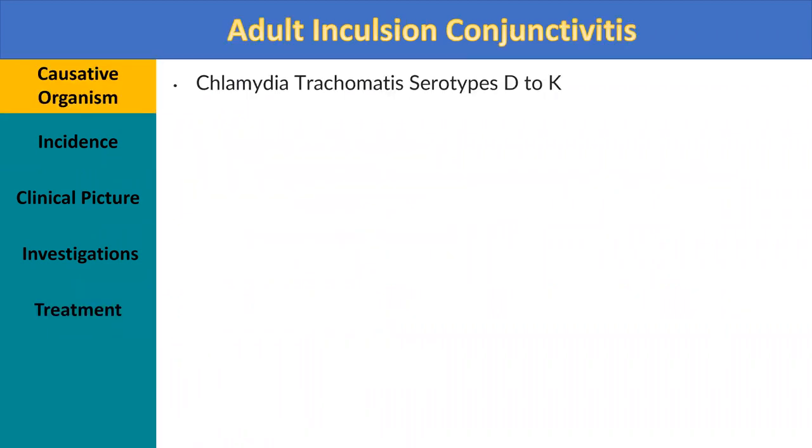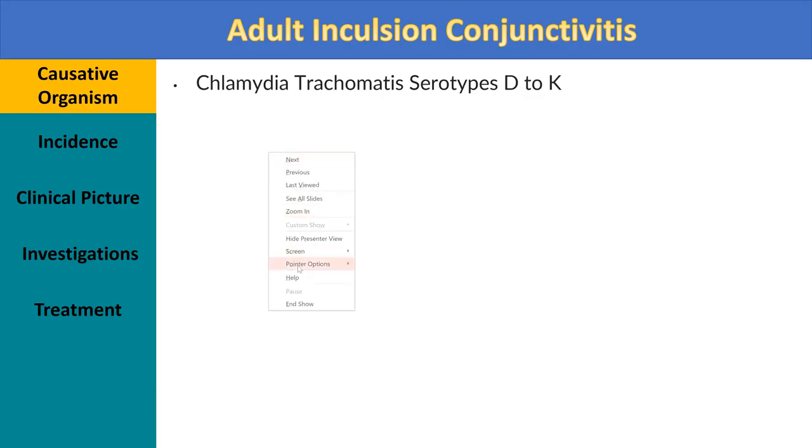Another disease, which is caused also by Chlamydia trachomatis, but with different serotypes, is adult inclusion conjunctivitis. Adult inclusion conjunctivitis is caused by Chlamydia trachomatis serotypes D to K. So remember, serotypes A to C causing trachoma. Chlamydia trachomatis serotypes D to K causing adult inclusion conjunctivitis.